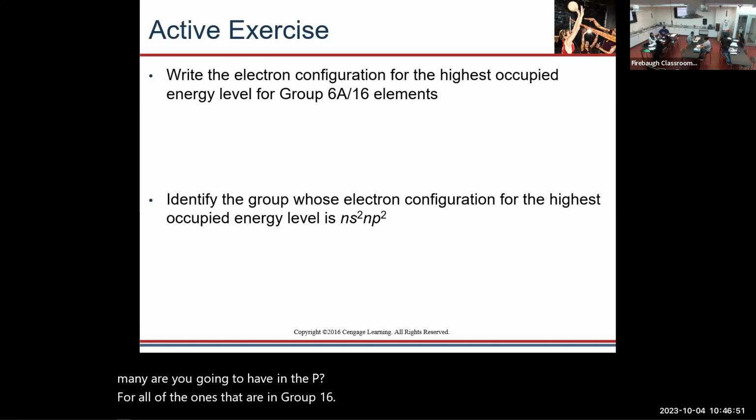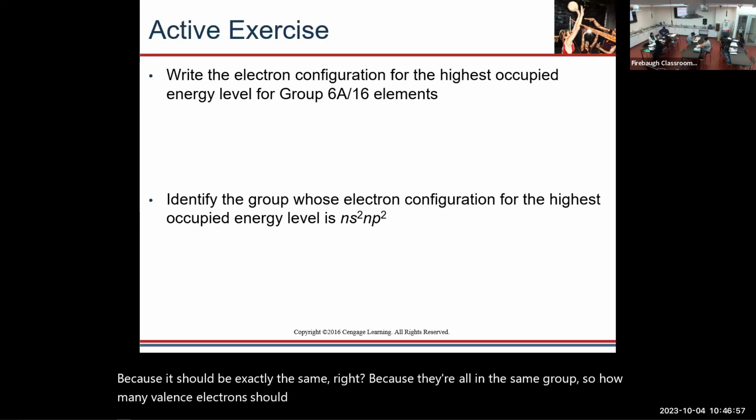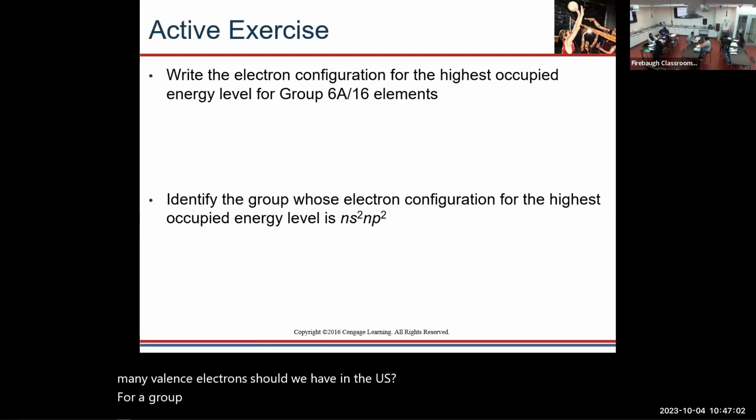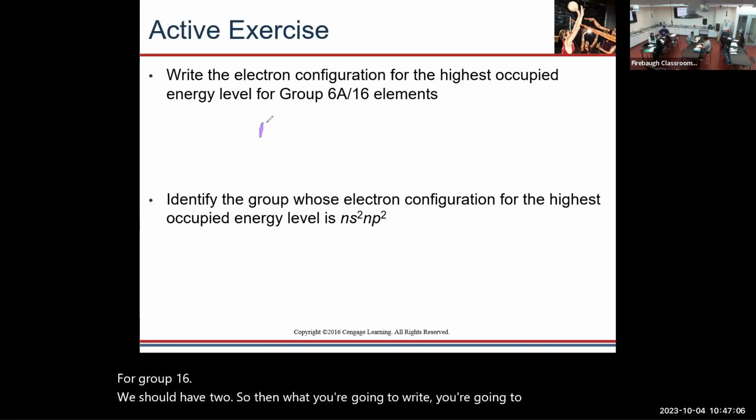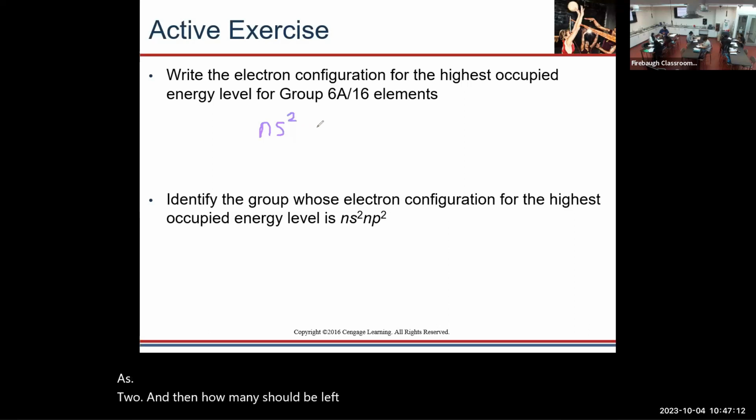It should be exactly the same, because they're all in the same group. So how many valence electrons should we have in the S for group 16? We should have 2. So then what you're going to write is nS2. And then how many should be left over in the P?